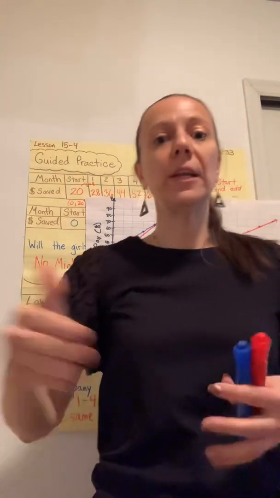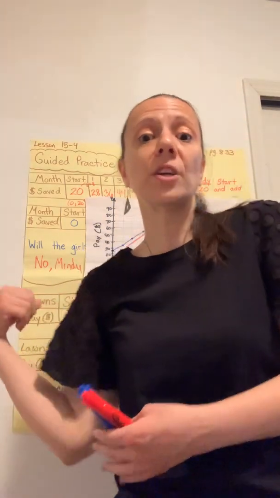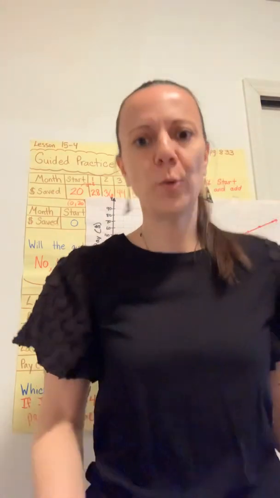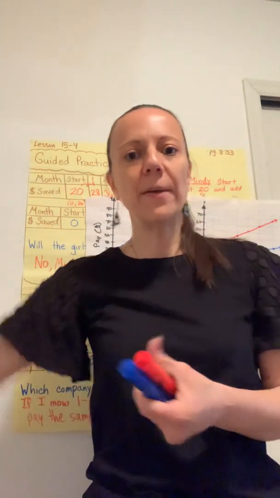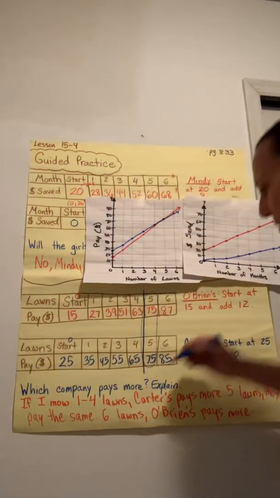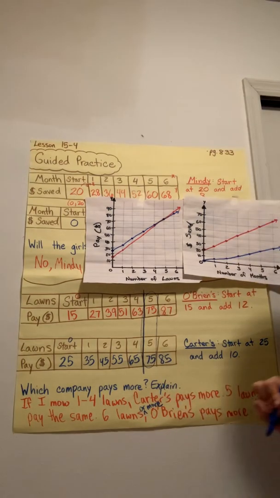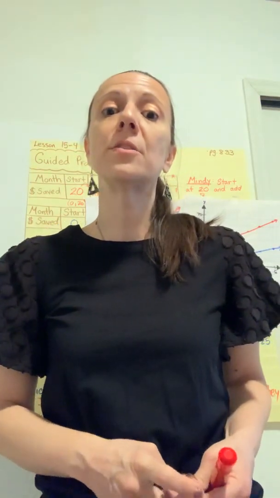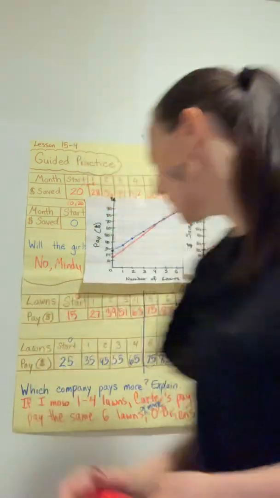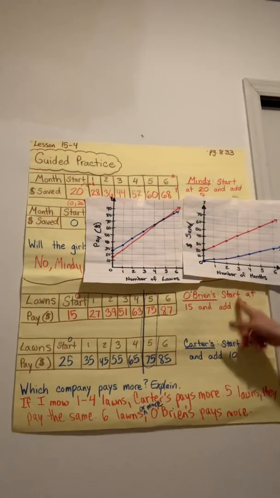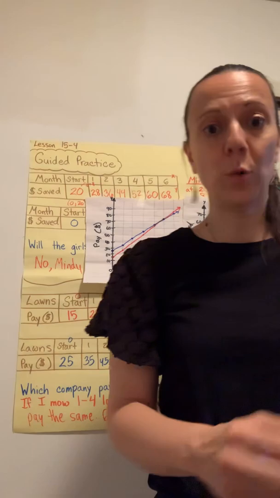So for every new lawn that I mow, he's going to give me $2 more than Carter will. So I may actually want to revise this answer. If I mow 6 lawns or more, since I know that pattern is going to keep going that way, then I want to go with this company, O'Brien's, because that will pay more.